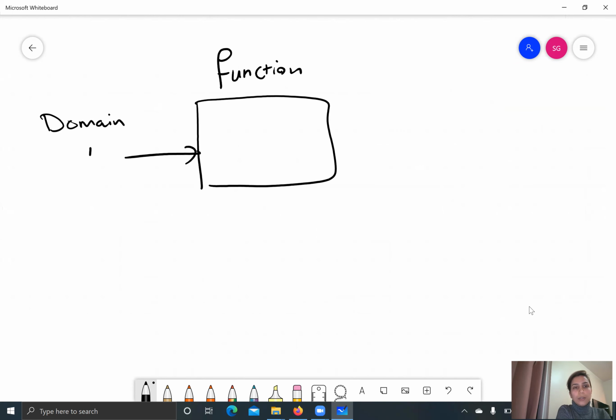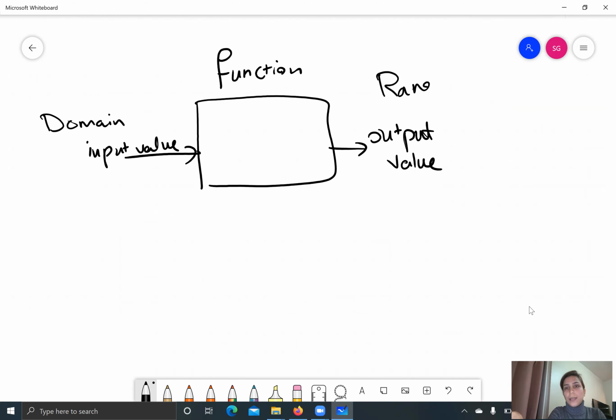You can give input values and it returns output values. Now, look at the set of all output values, which we call the range. You can look at the entire output, the range of the function.